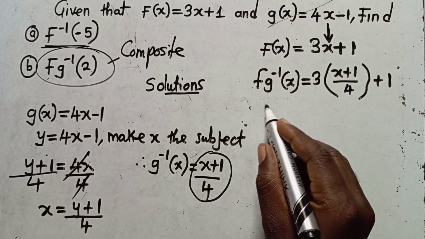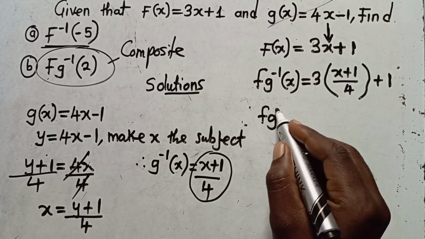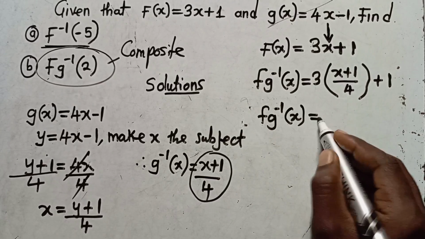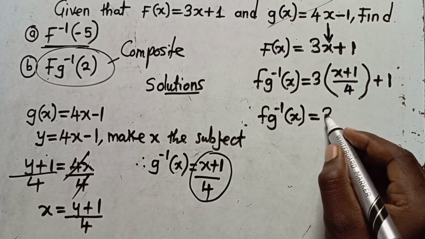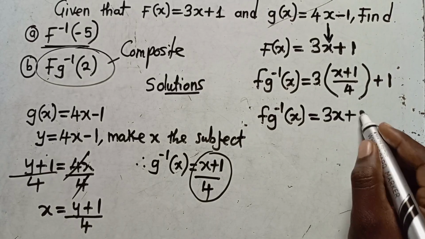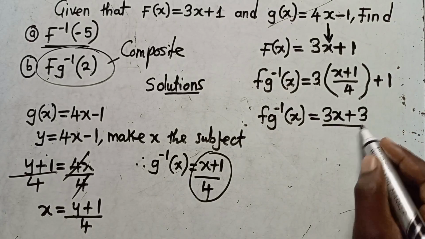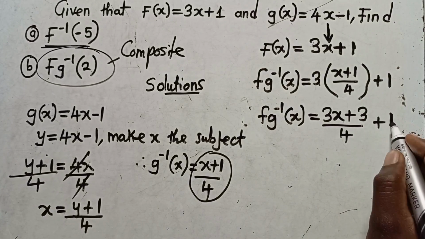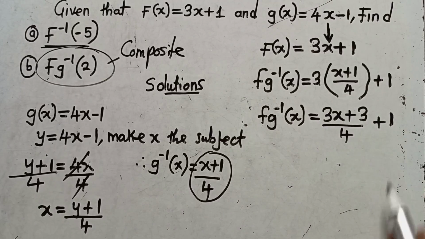Then I start multiplying: f g inverse of x is equal to 3 times x, that is 3x, 3 times 1, that is 3 over 4, then plus 1. Have you seen? So this is what I've come up with.